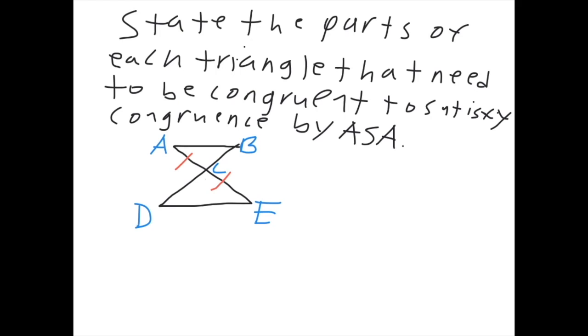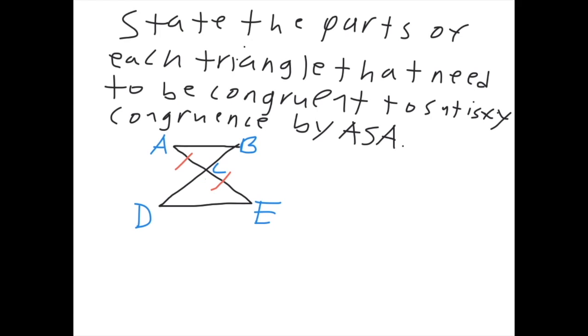Okay? We also know, because these angles, angle DCE is congruent to angle ACB, those two angles are made by DB and AE intersecting, so that means these two angles are congruent. So we know ACB and DCE are congruent.